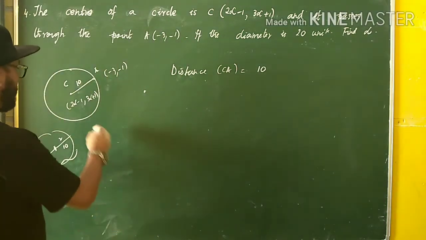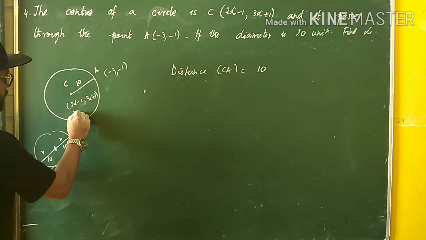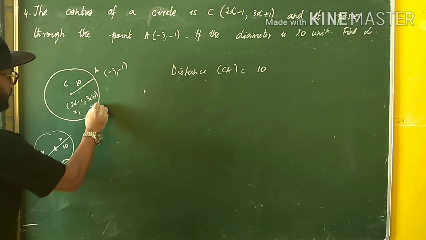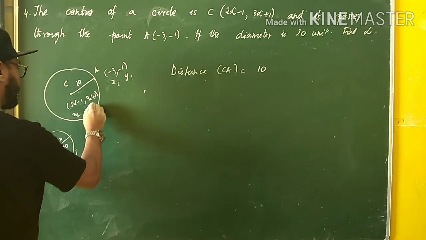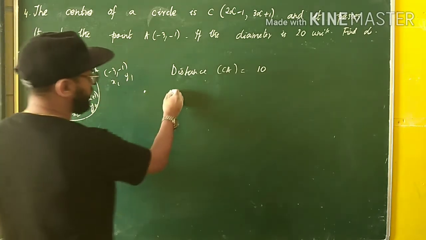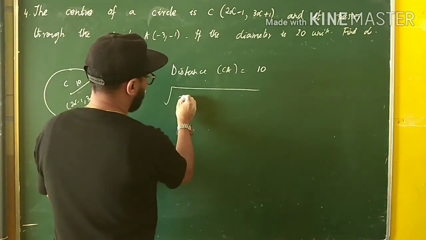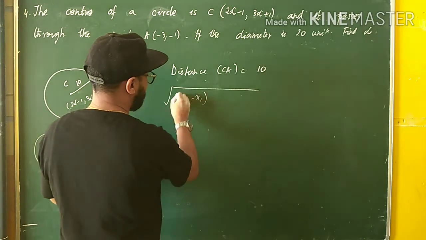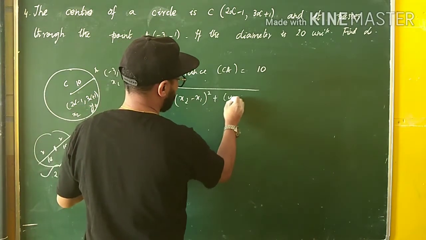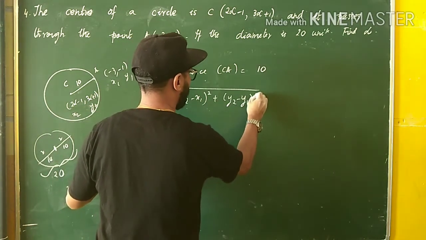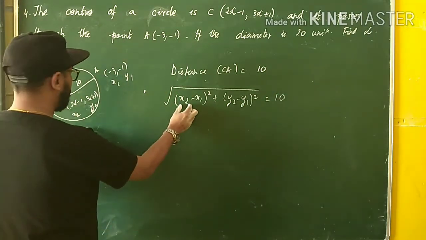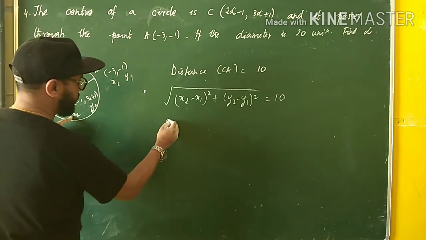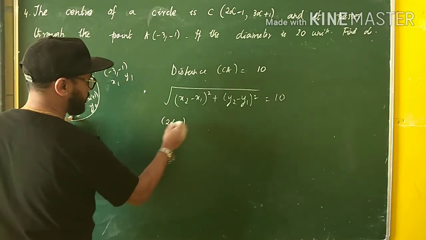Now let's take it as x1 y1 and x2 y2. Okay. Now if you use the distance formula, square root of x2 minus x1 whole square plus y2 minus y1 whole square is equal to 10. Clear? Now let's substitute the values. x2 is this one, 2 alpha minus 1. Let's put it inside the bracket.